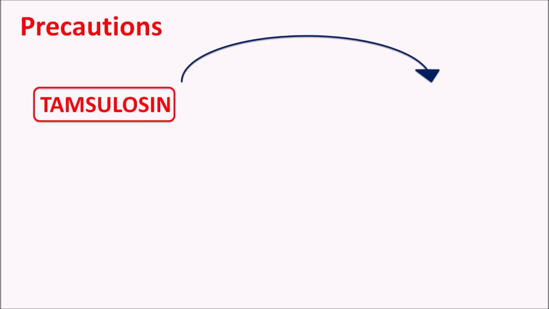Similarly, this drug can produce a condition called priapism, which is very rare, observed in only 1 patient out of 50,000. Again, this is because of vasodilatation of arteries supplying the corpus cavernosa.